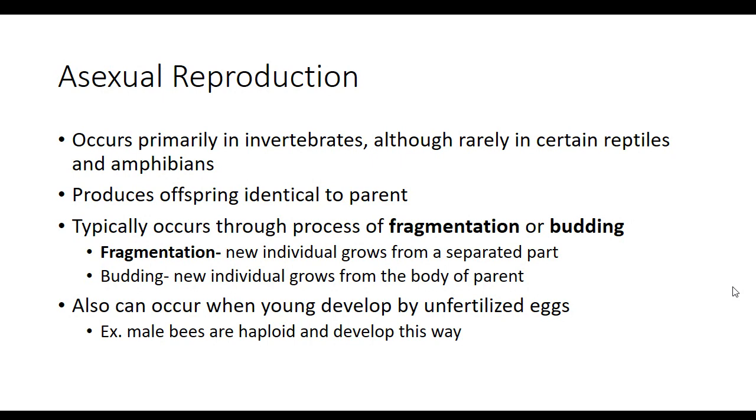Some sea anemones will reproduce by budding, which means a little bud will grow off the side of the adult, and it'll fall off and grow into a clone, a new individual, a new adult. So fragmentation just means an individual breaks apart, and each piece will grow into a new one.